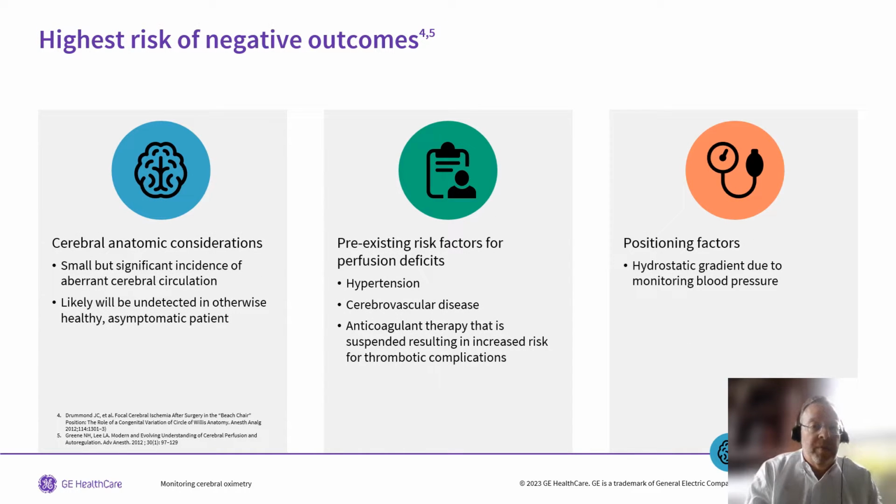So there are three different physiologic rationales for what I mentioned earlier, where there are adverse cerebral events encountered in beach chair shoulder surgery. First, there are likely patients who are genetically at risk for brain ischemia due to abnormal or aberrant cerebral circulation.